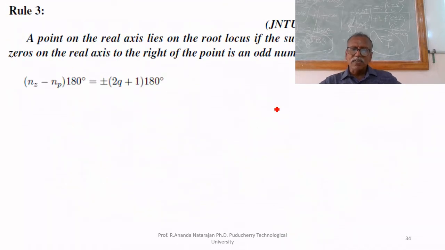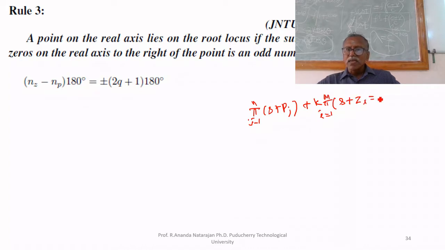This can also be written as what we got finally: the product of j equal to 1 to n of S plus Pj, plus K times the product of i equal to 1 to m of S plus Zi, equal to 0.